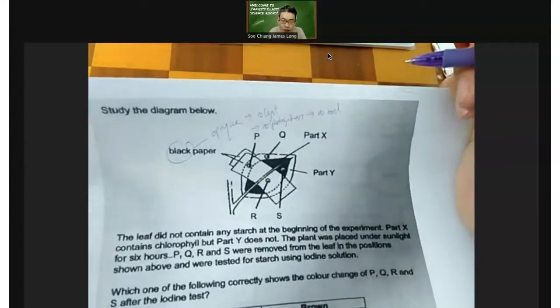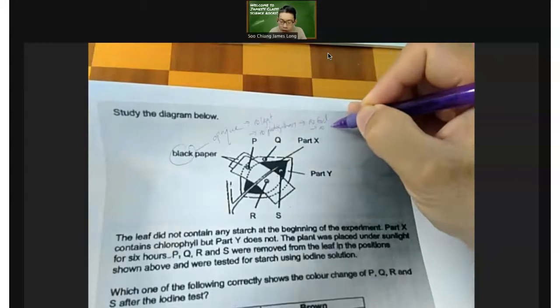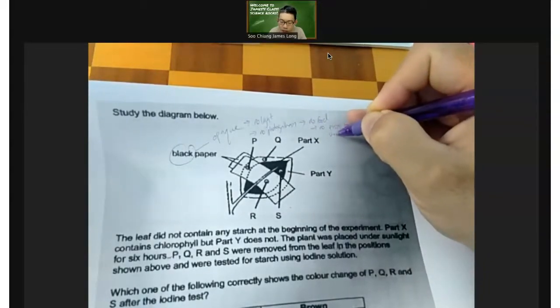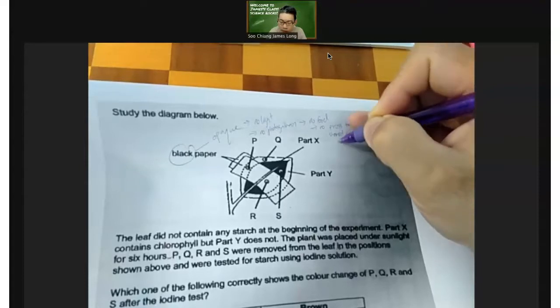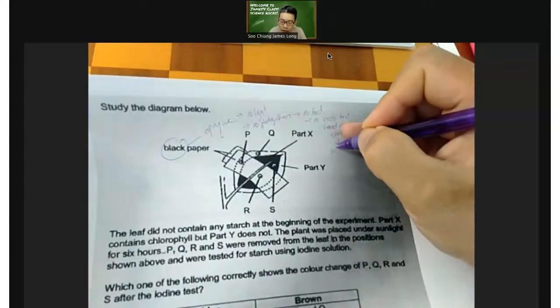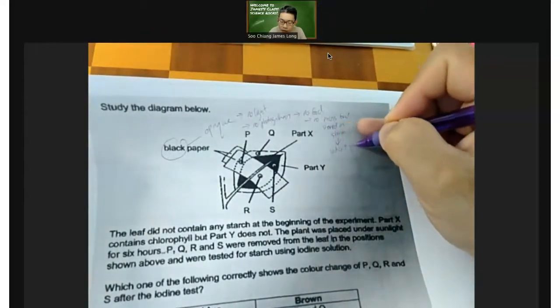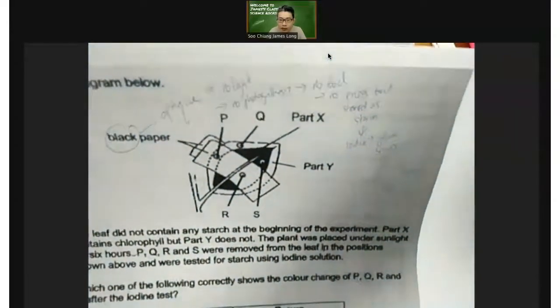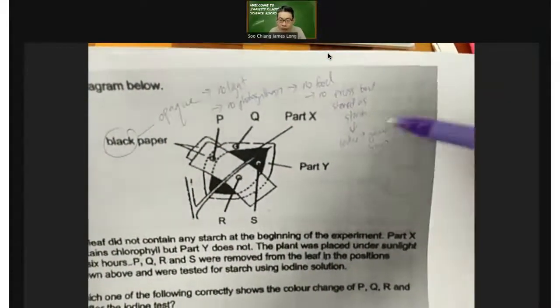If there's no food being produced, there will be no excess food stored as starch. And therefore, they test with iodine. Iodine will remain as yellowish brown, or yellow brown, or light brown, whichever way they describe it. Now, why do I talk about iodine?